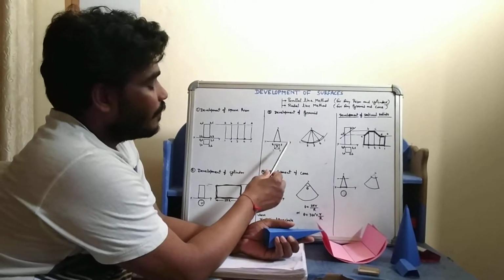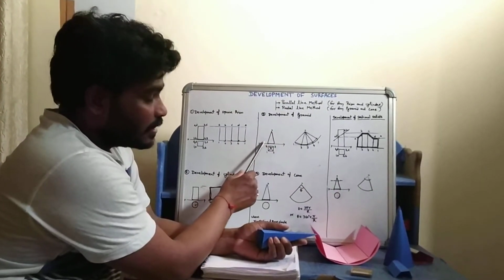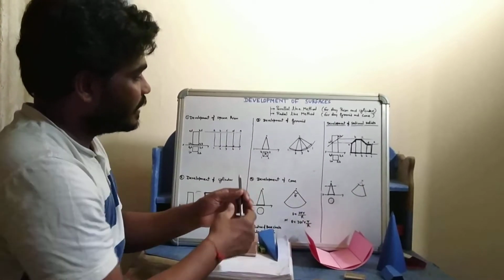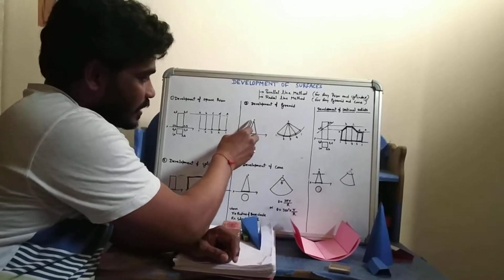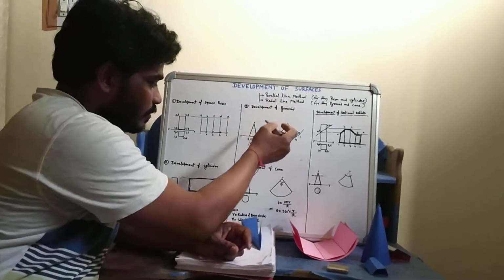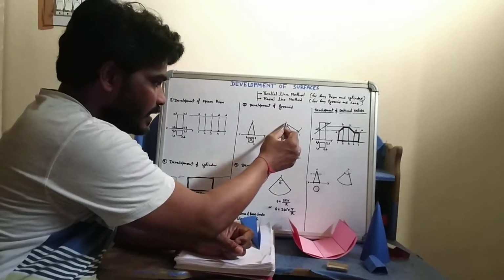And the next and final step: we have to develop the surface of this pyramid. After taking some distance from here, suppose this is point O. We have taken point O here.